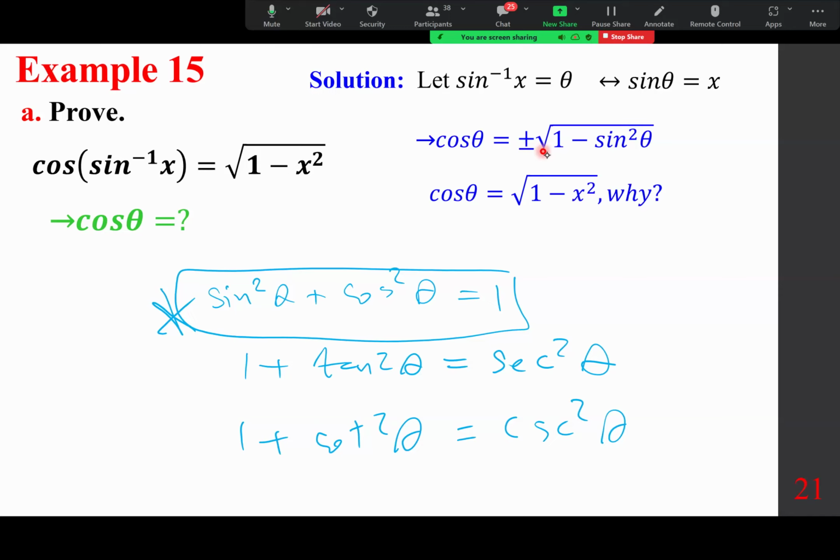Therefore, none of them has an inverse unless we do the restriction. The restriction done on sine was x between negative and positive pi over 2, which puts us in the fourth and the first quadrant. In the fourth and first quadrant, cosine is positive. That's why, choosing from plus or minus, you choose the positive one only. So you want cosine theta, and cosine theta is plus or minus. Which one do we choose? The positive one, and here's the reason.